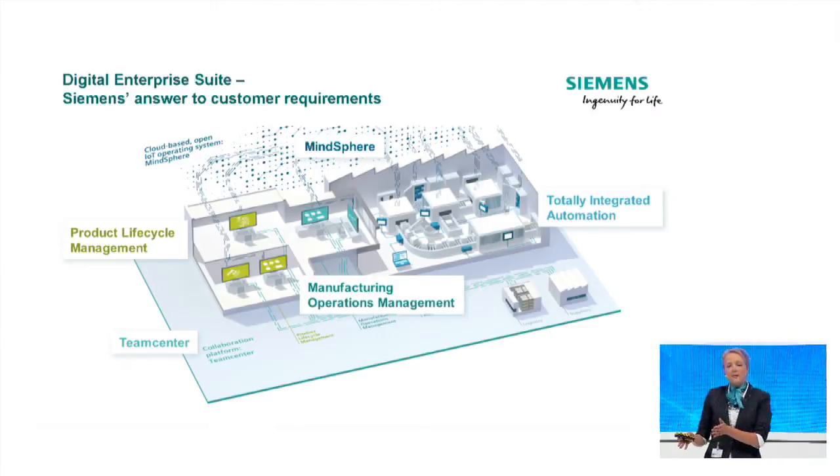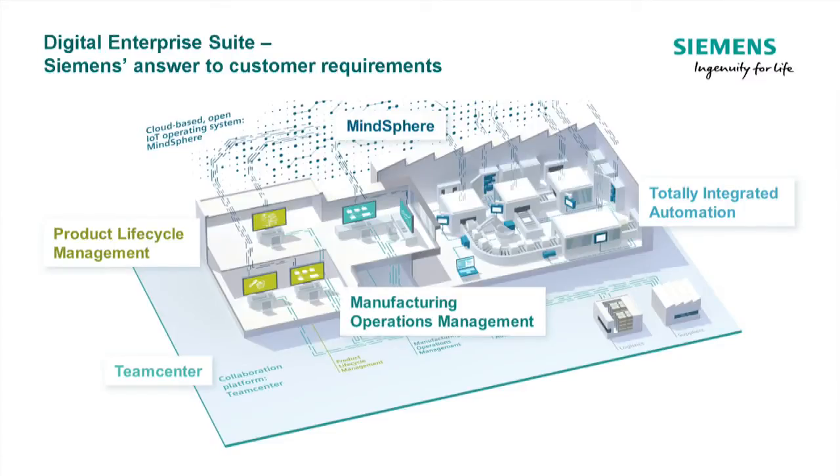On the other side, we have totally integrated automation. Totally integrated automation integrates automation components on a horizontal, but also on a vertical way, from the field to the enterprise level. And in between, you find manufacturing operations management with our real-time software layer, Simatic IT.